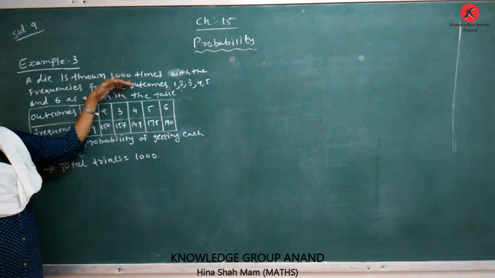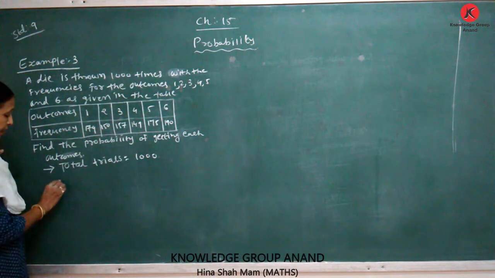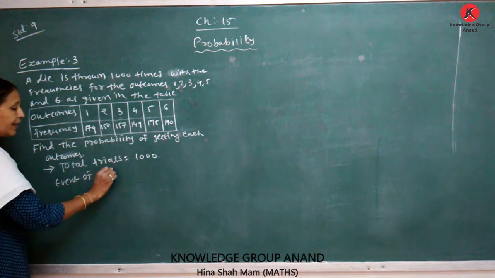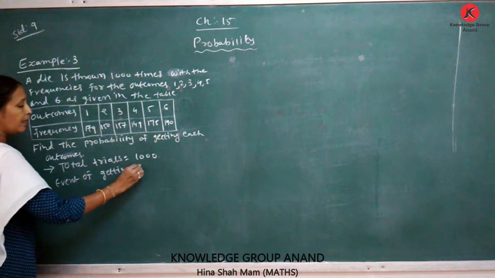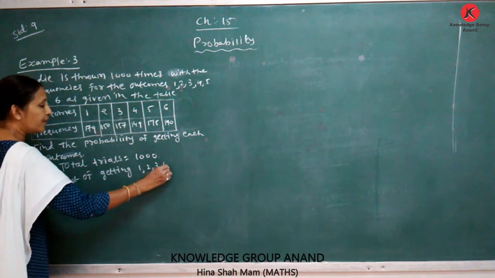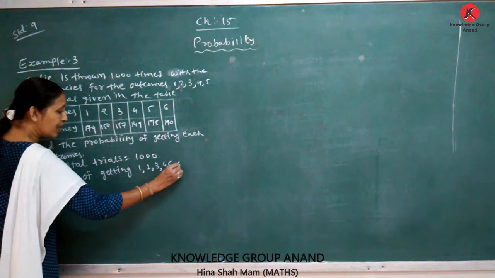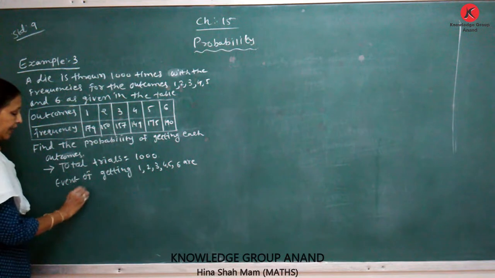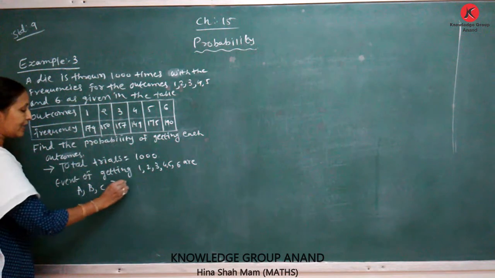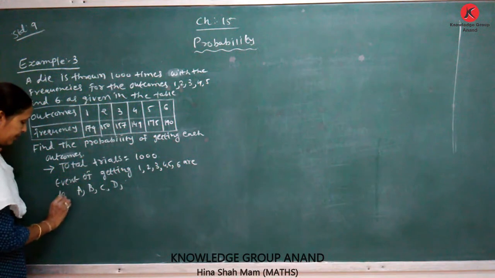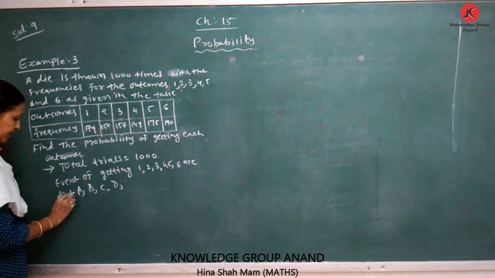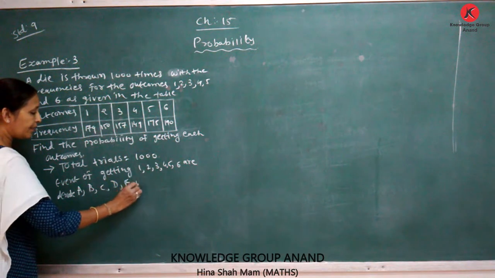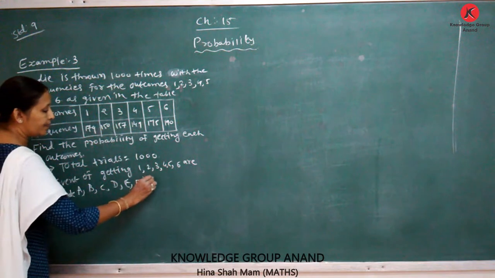The events of getting 1, 2, 3, 4, 5, 6 are denoted A, B, C, D, E and F respectively.